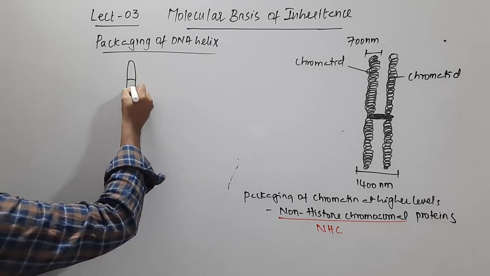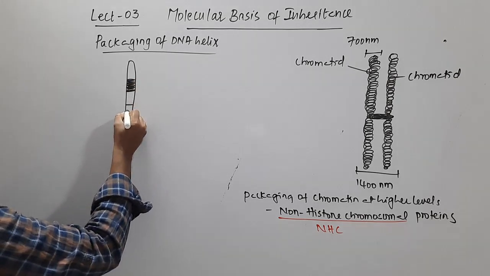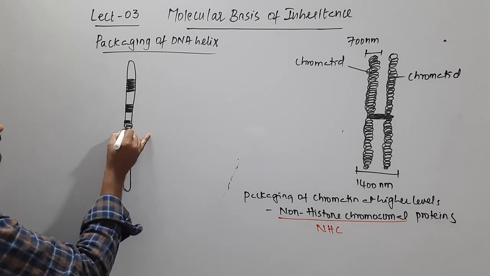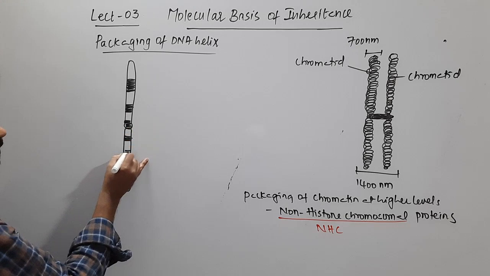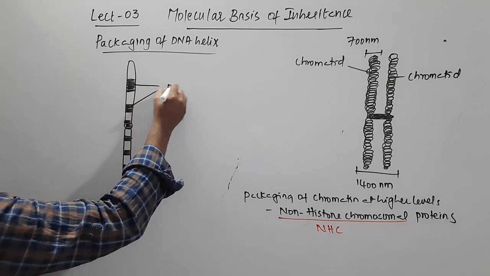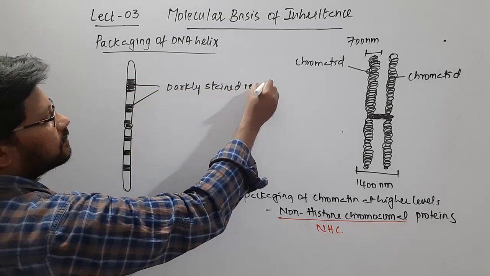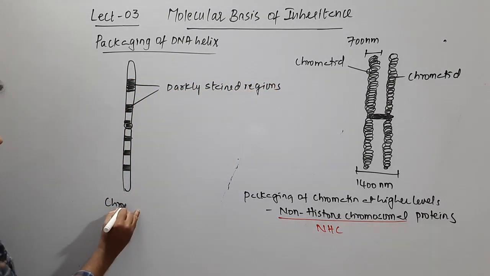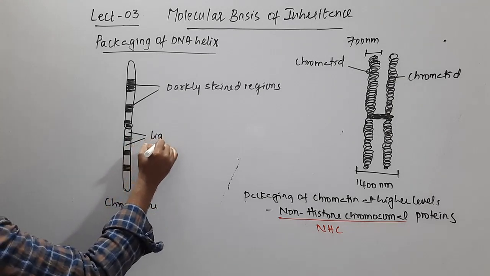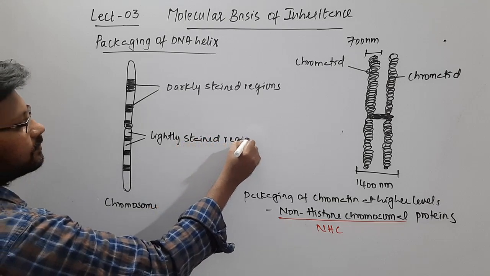Say suppose this region is showing dark stain, something like this, right? So these are darkly stained regions in case of a chromosome, and these are lightly stained regions, right?